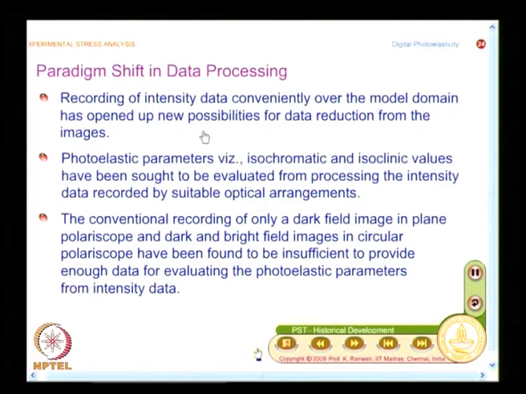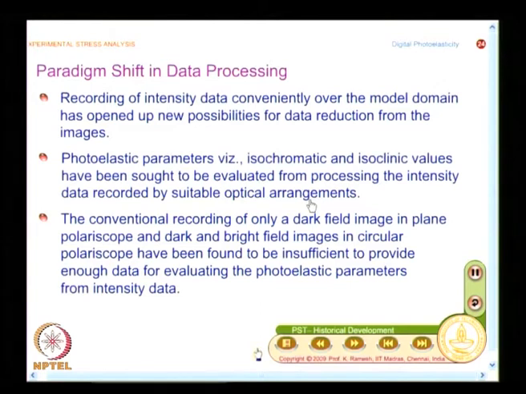We have seen that with modern CCD cameras, you can record intensity data conveniently over the model domain, and this has opened up new possibilities for data reduction from the images. Our focus is to get isochromatic and isoclinic values, and we will try to evaluate them by processing the intensity data recorded by suitable optical arrangements.